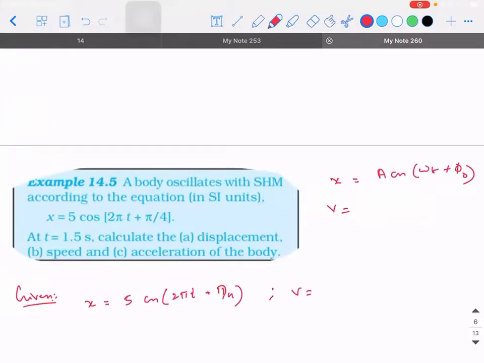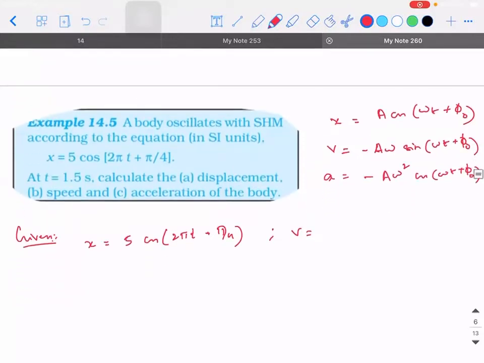In the second table that I gave you, the value of velocity is minus a omega sin of omega t plus phi naught. What is the acceleration? Minus a omega square cos of omega t plus phi naught. Is this right?